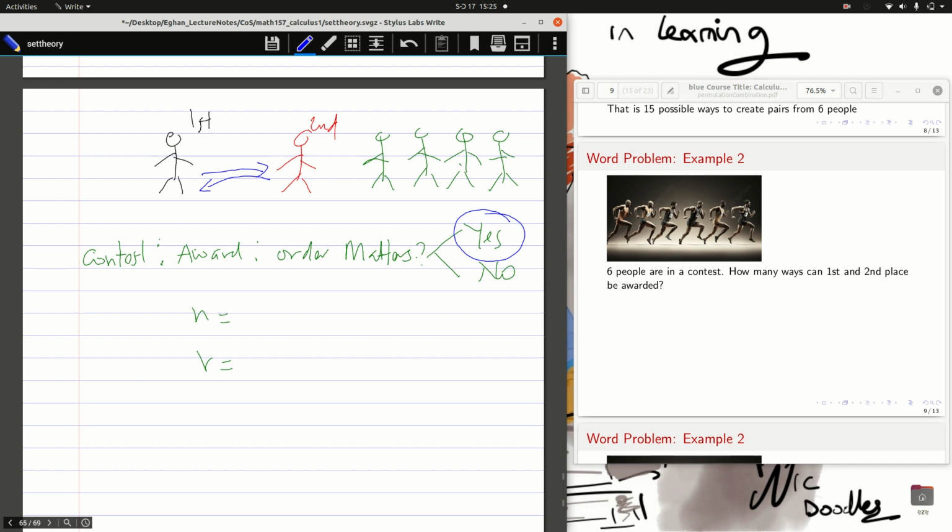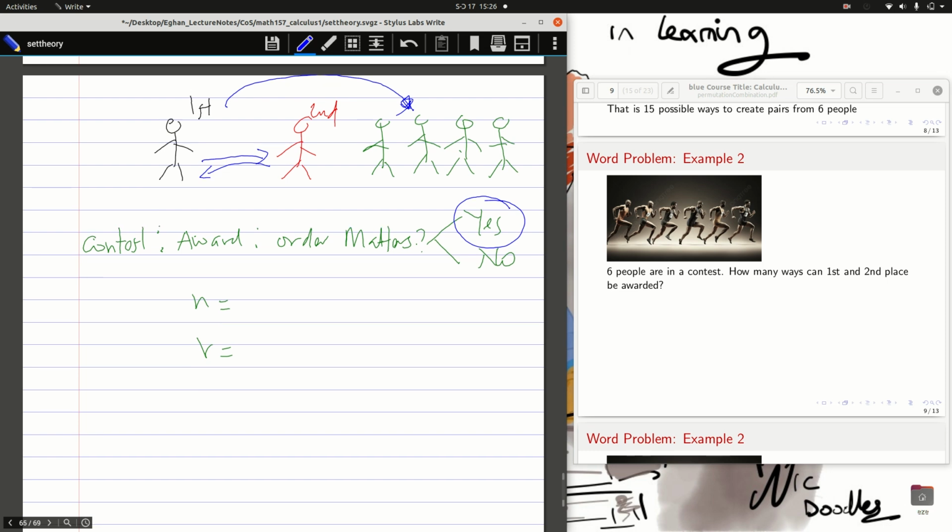You can't say the first person is the same as the second person. No, the first winner is a first winner. If I swap it to this guy, they are not the same position. So the order really matters when it comes to award. It's like your CWA, you don't want someone to get your score. No, so that is permutation.